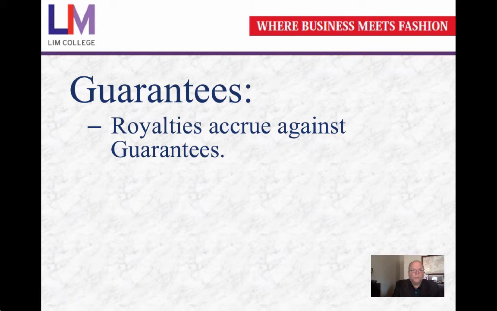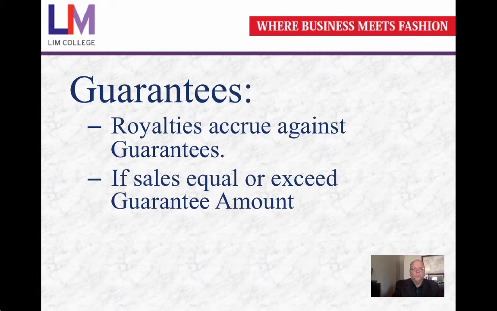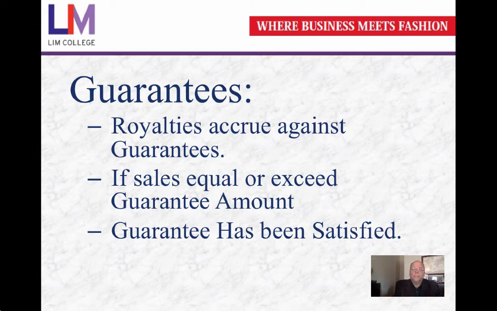There are some guarantee structures where royalties accrue against guarantees. If sales equal or exceed the guarantee amount, the guarantee has been satisfied. This is a form of guarantee where royalties accrue against the guarantee. So if you're selling product and you hit your guarantee amount, that's satisfied, and after that, it's just considered royalties. Make sense?